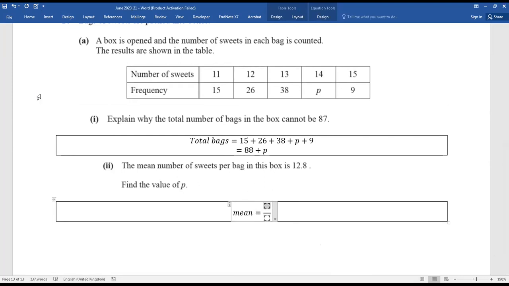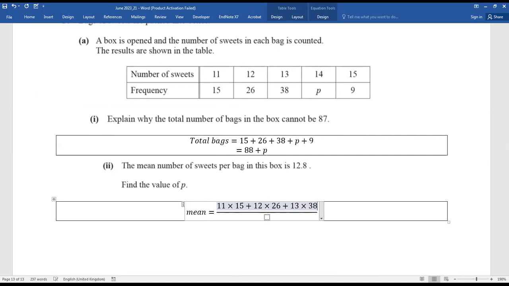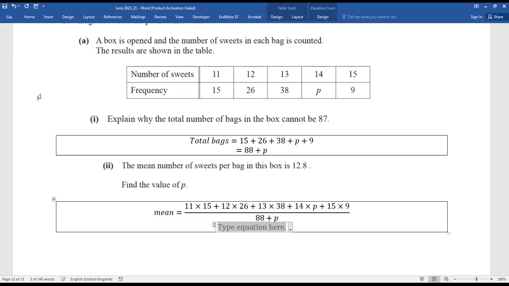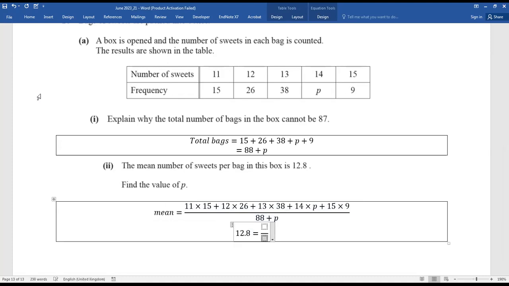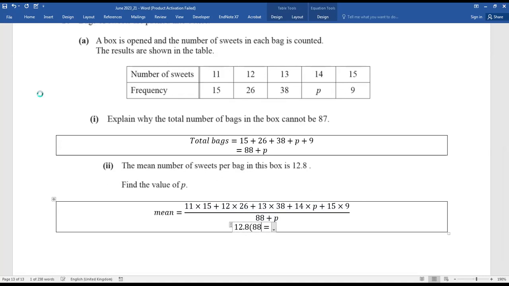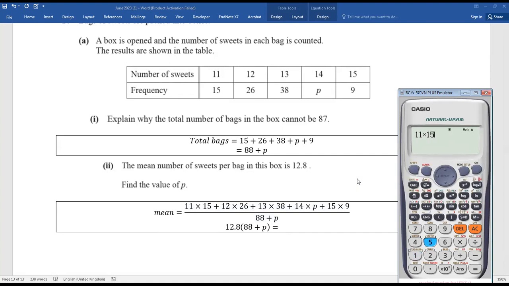So mean in this case will be 11 times 15 plus 12 times 26 plus 13 times 38 plus 14 times P plus 15 times 9, and the total bags are 88 plus P, and we already know the mean, which is 12.8. 88 plus P. We can make it simpler for ourselves and just take this 88 plus P and multiply it on the other side. What about the other side? Let's see, 11 times 15 plus 12 times 26 plus 13 times 38 plus 15 times 9.